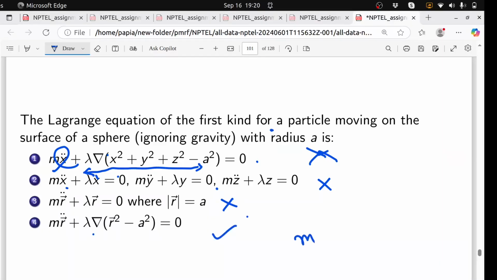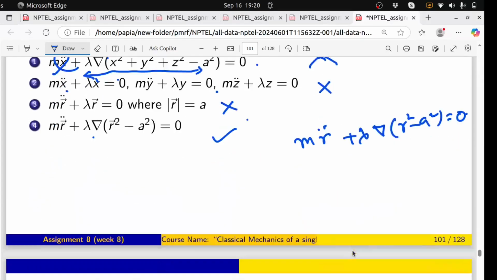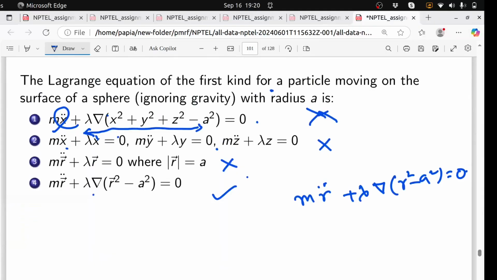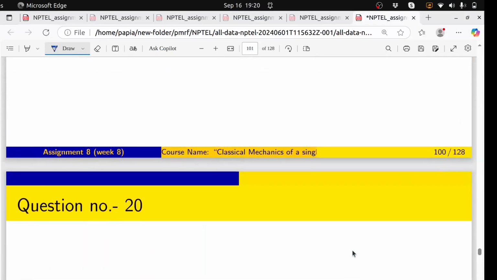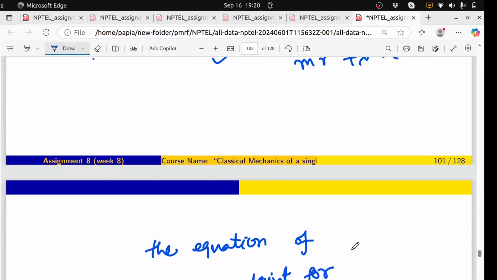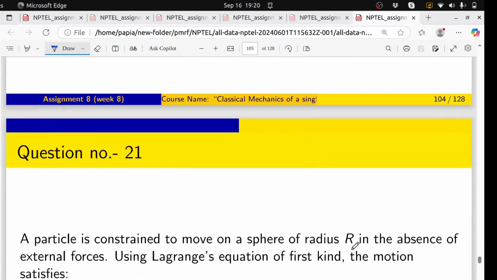Why? m r double dot plus lambda grad of r square minus a square equals to 0. So this is the case, and this one is the correct option. Okay. Now coming to the next question.